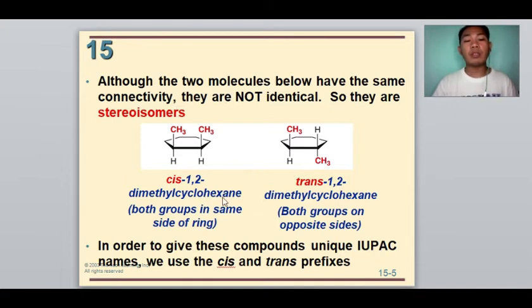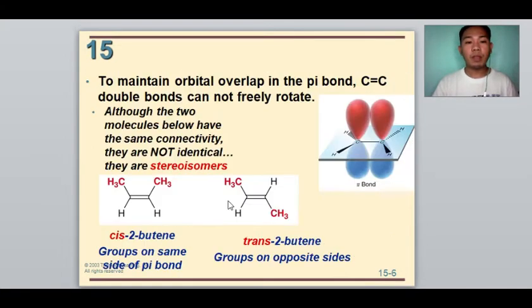In order to give these compounds unique names, we use the prefixes that we have learned in our previous lectures, the cis and trans prefixes. To maintain the orbital overlap in the pi bond, the carbon-carbon double bond cannot freely rotate.